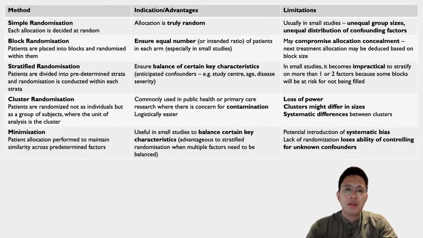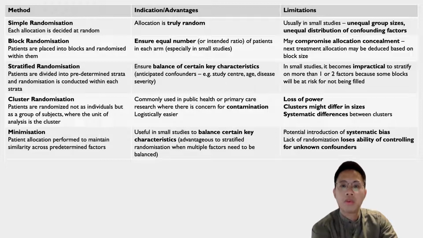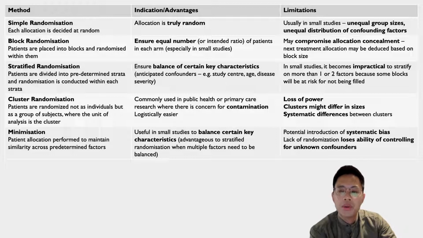So we'll start by talking about simple randomization. Simple randomization can be done using a flip of a coin or a random sequence generator, and it is the instance where true randomization is actually performed. This is usually ideal when the population size is large.